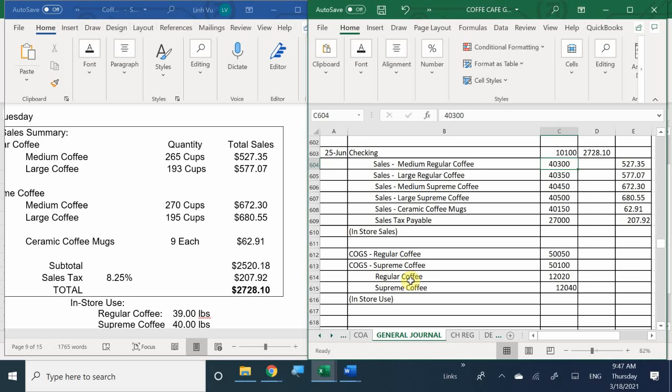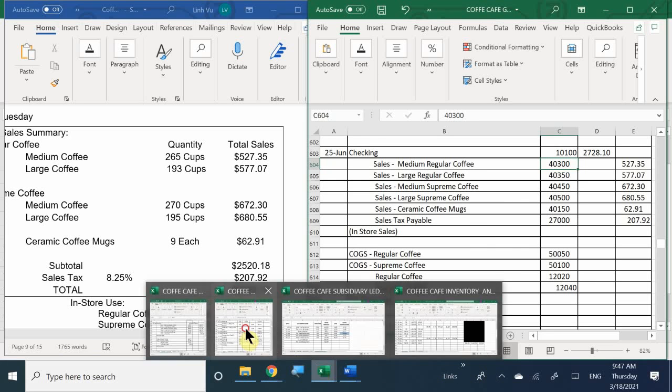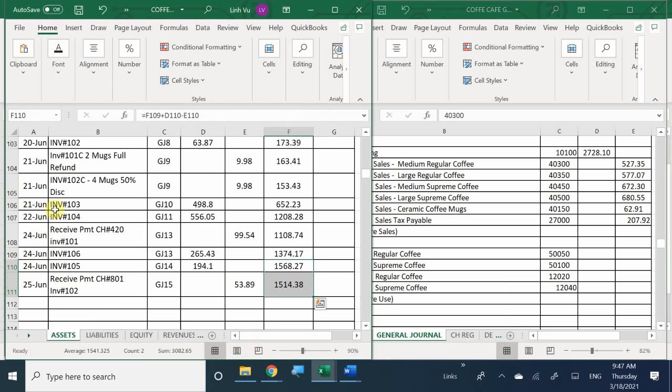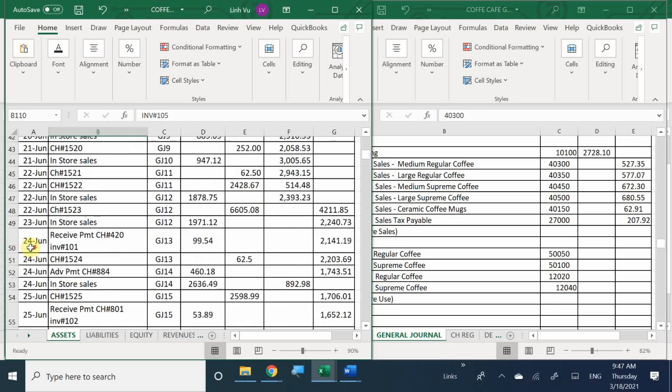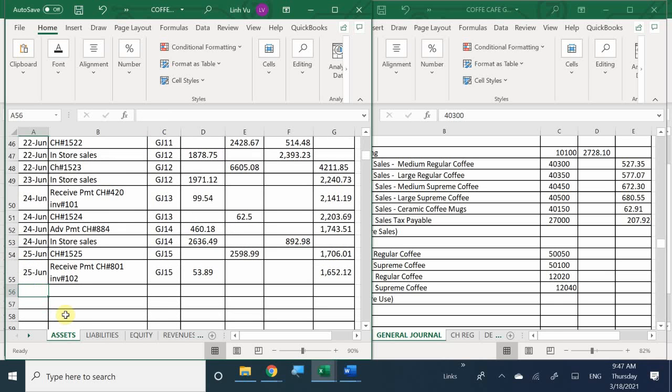Ledger. So checking first. Yep, we're already here. 625. Oh wait, no, this is my accounts receivable. I have to go up one. Here we are. Checking. This is in-store sales.